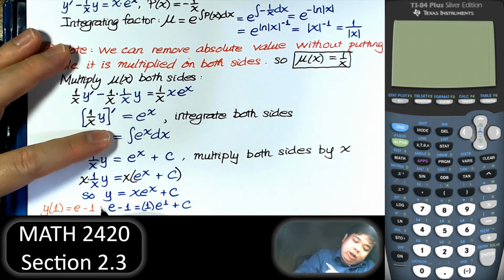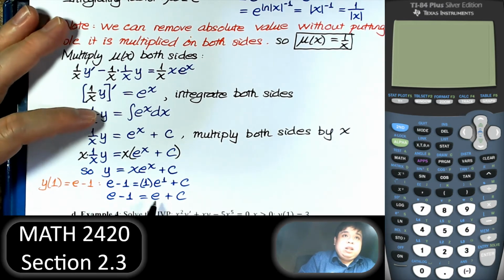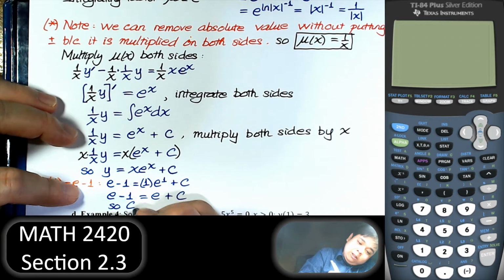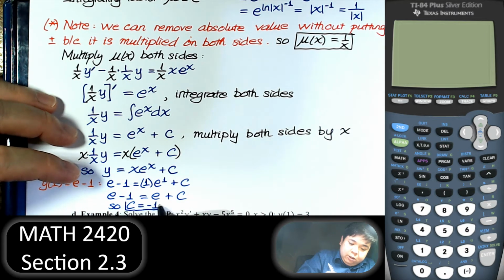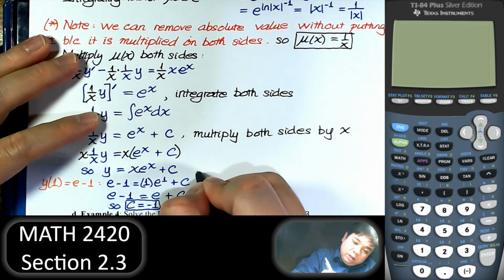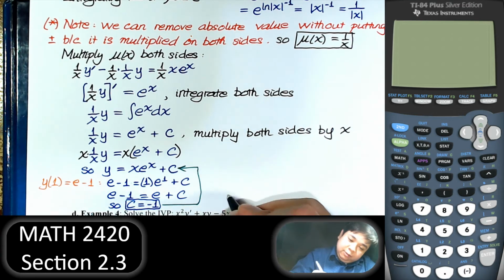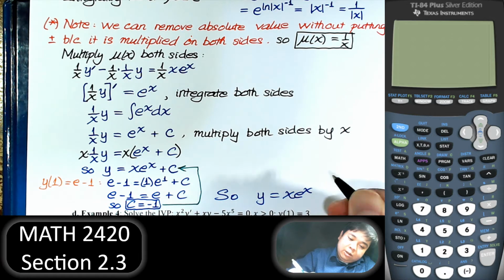Right, simplify, we have e minus 1 equal to e plus c. So obviously from here, c has to be equal to -1. So c equals -1. And I will substitute that into this equation, and I have the solution. y equals x e to the x, c is -1.